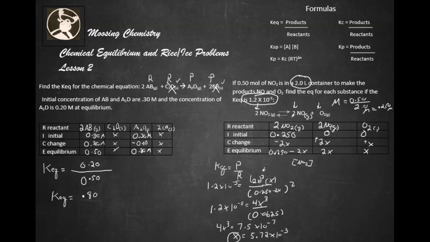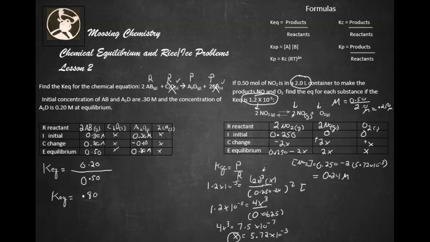So NO2 is going to be 0.250 minus 2 times our value, which is 5.72 times 10 to the negative 3. And that's going to give me a molarity of 0.24 M. I know, this is really interesting stuff.